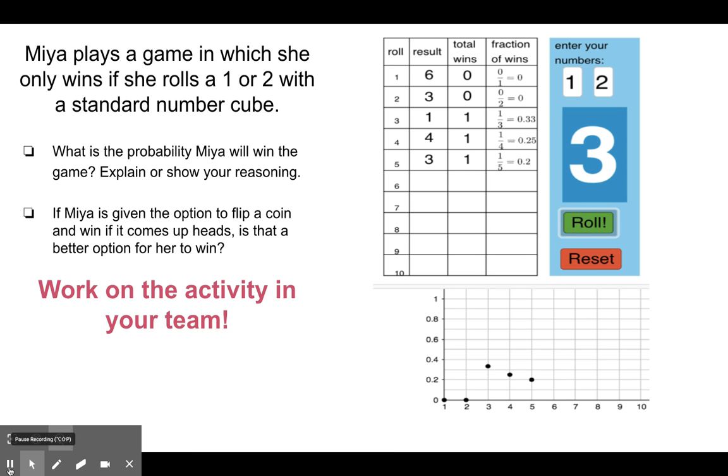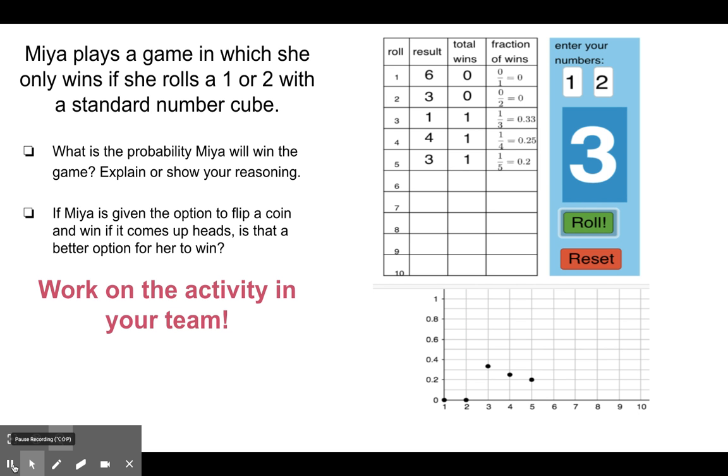Now, for the sake of time, we're only going to engage in part of the student companion, where it says to list the outcomes in the sample space for rolling the number cube. We're going to say that the sample space is 1, 2, 3, 4, 5, and 6, because those are our options.